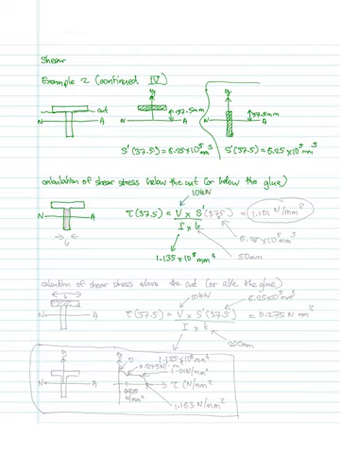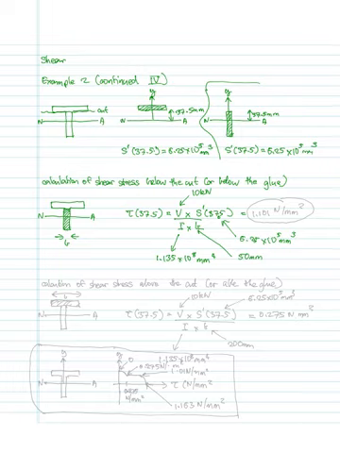Our value of V was 10 kilonewtons, and our value of S dash at 37.5 worked out to be 6.25 times 10 to the 5 millimeters cubed. Our B in this case, below the cut or at the glue, so we're in this section here, we therefore use that value for B because that is just below the glue, and our value of B in that case was 50 millimeters.